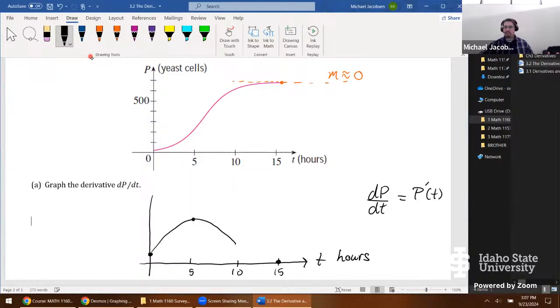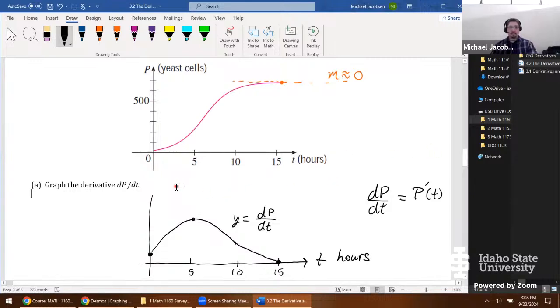I'll put a dot just above to say, doesn't look like it's exactly 0, but very, very close. So the rest of the graph would look about like this, if I could get it to connect well. So this is y equals the derivative of the population with respect to time, dp/dt. Well, any questions at all, folks, with this drawing here?